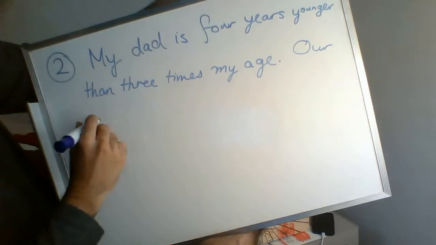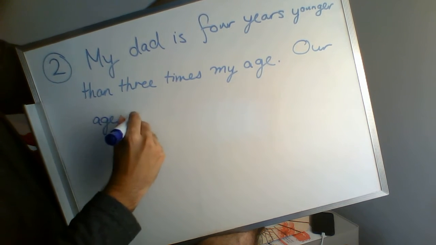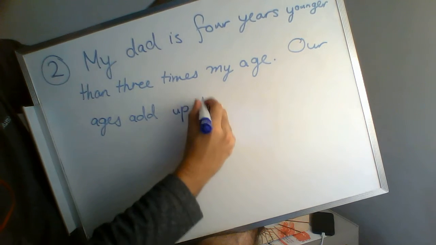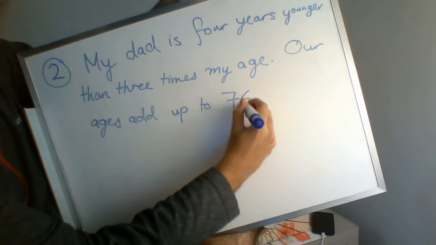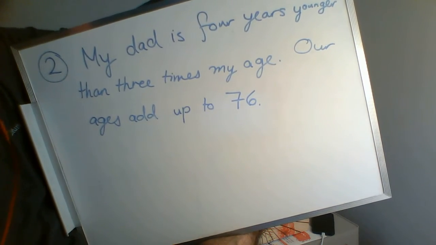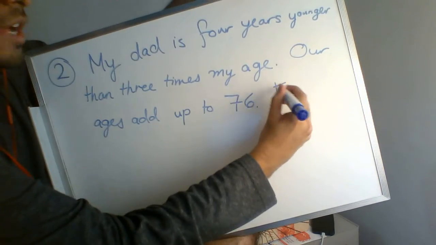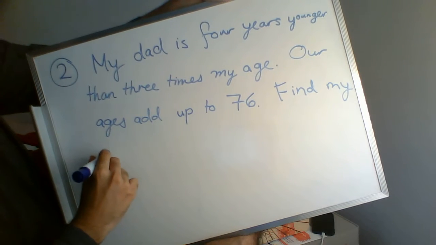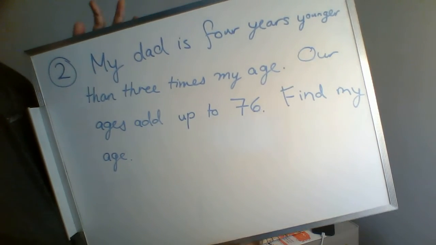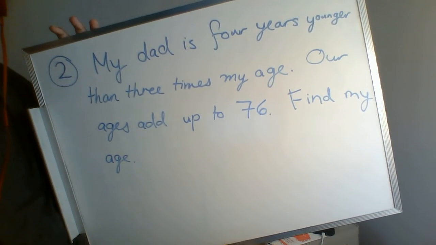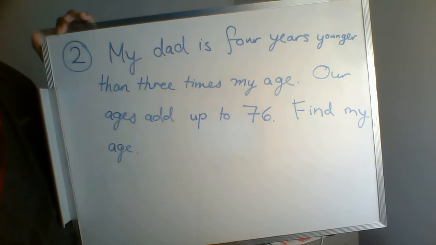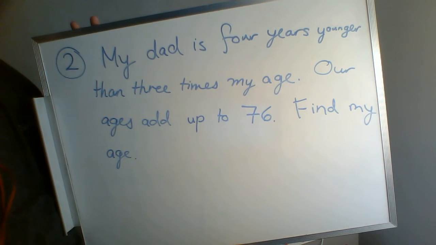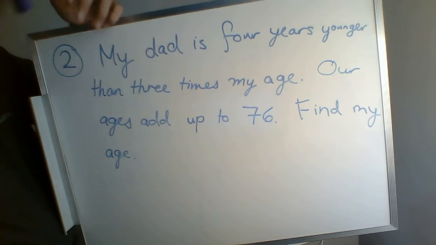Our ages add up to 76. So if you add his age and my age together, you'll get 76 years. Find my age. Just mine. Alright, so that's the question that we have here. So my dad is 4 years younger than 3 times my age. Our ages add up to 76.